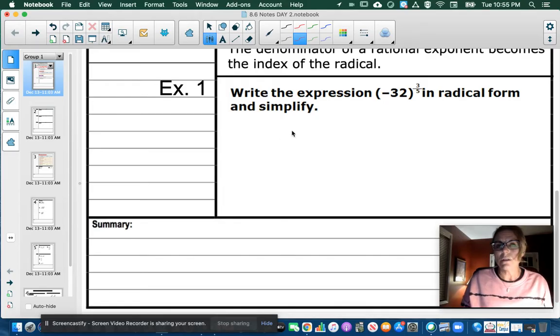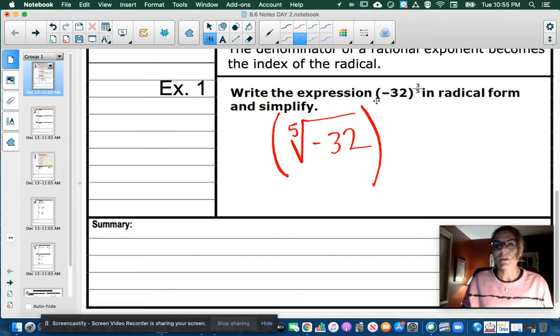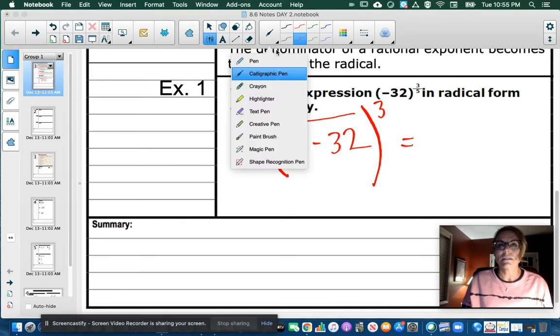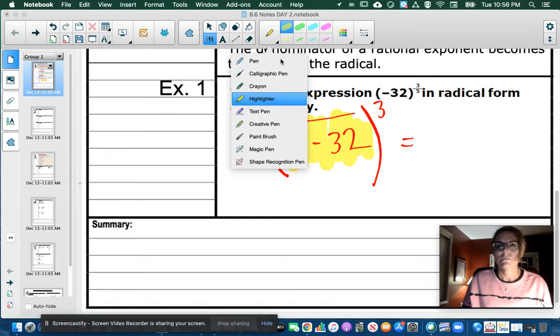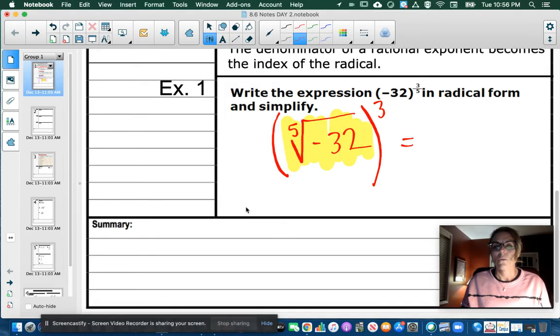So for example, write the expression -32 to the 3/5 power in radical form. So radical -32. The 5 is the denominator. That becomes the index or the root. And we raise that to a power of 3. So what's happening is we're asking ourselves, what number raised to a power of 5 equals -32?